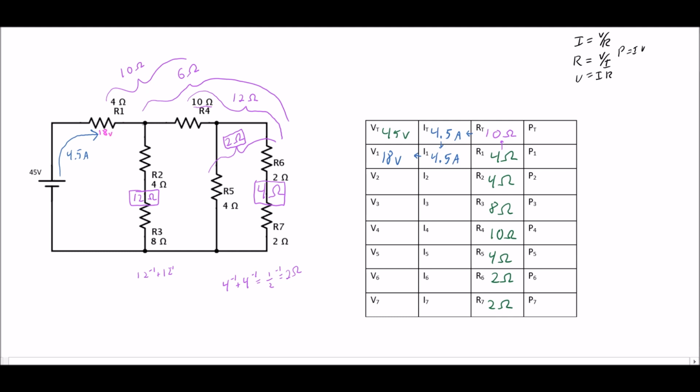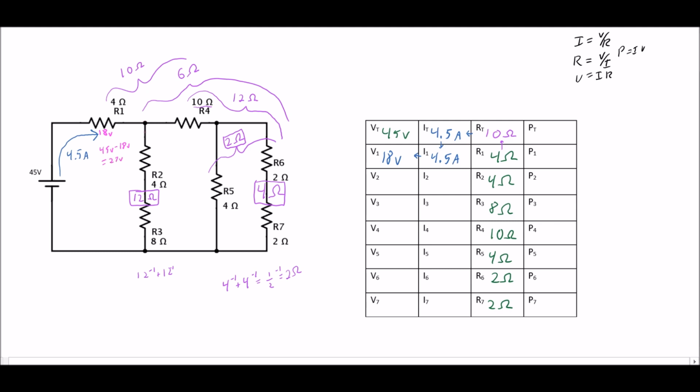What that means is for the remaining circuit, the rest of the circuit, we start with 45 volts, we lost 18 volts. So from here on out, these two branches right here are going to be, well, the remaining voltage. So if we take our 45 volts and subtract our 18 volts, then the remaining voltage is 27 volts.